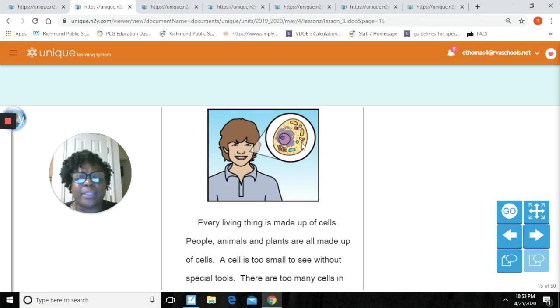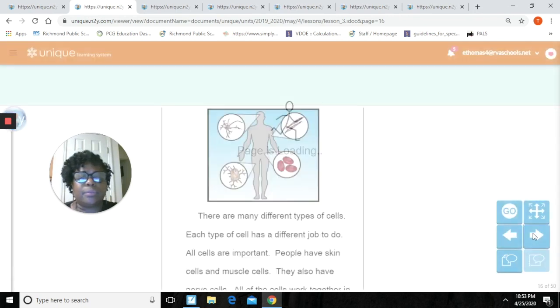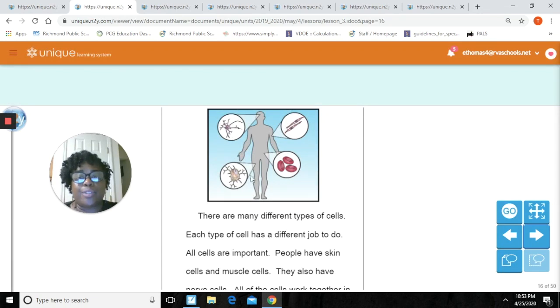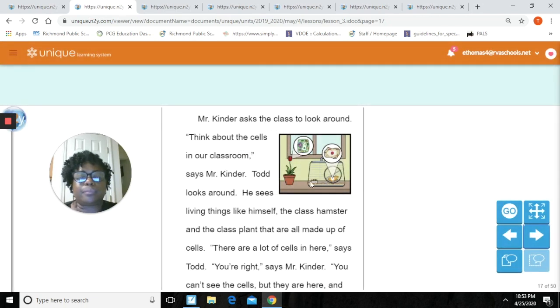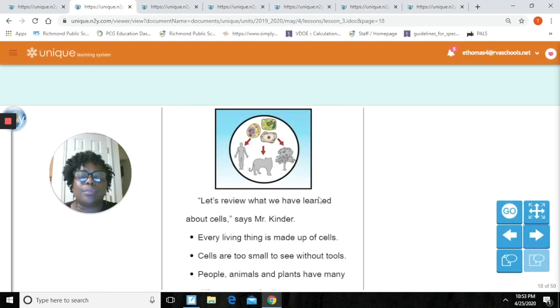We have to find out what that is. And there's a picture I just brought up of the human body. It's a lot going on there, isn't it? Now here's a picture of a plant, and there's a hamster there. It looks like a hamster. And once again, here we have that human body again. We have an animal here and a tree, and these special things right here. We need to figure out what they are.